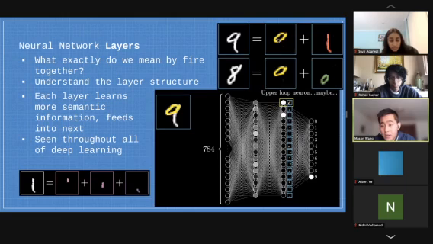So just to recap, this pattern here will cause the 9 to fire because it's a loop and a line. And if a loop and a loop were activated and nothing else, it caused the 8 to fire. So you can see how this layer depends on the previous layer.